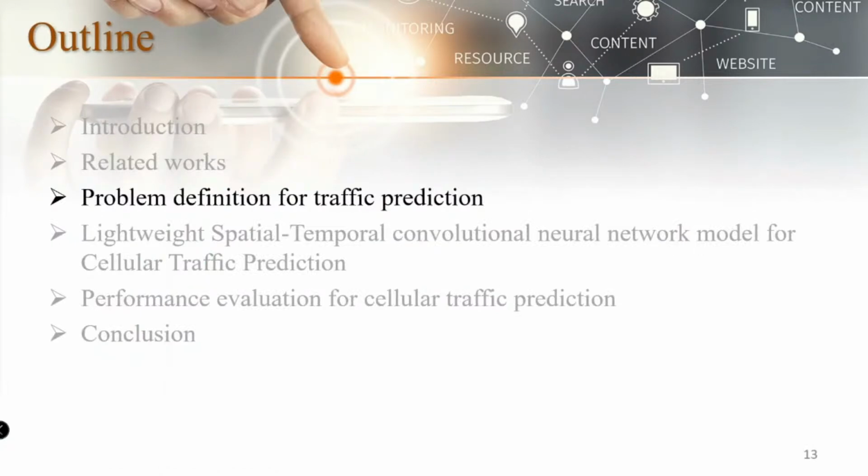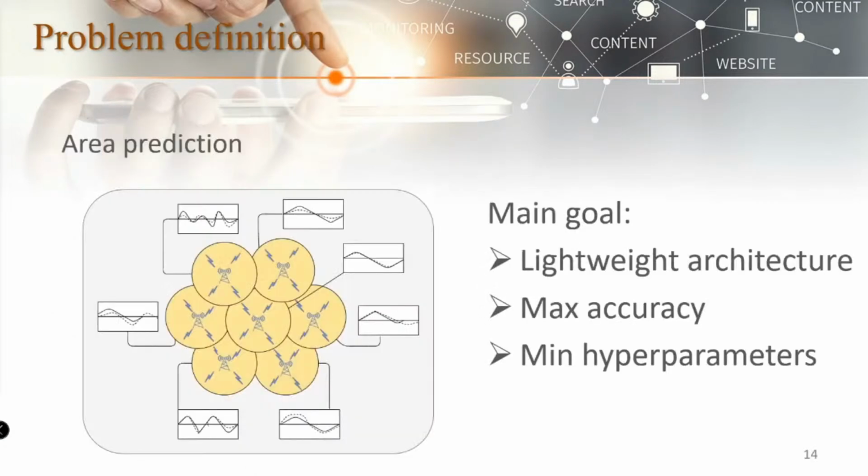Next, I will introduce the problem definition for traffic prediction. For a cellular traffic prediction problem, our first goal is to propose a lightweight architecture that can consider the spatial temporal dependencies of traffic data. The second goal is to achieve high accuracy predictions.